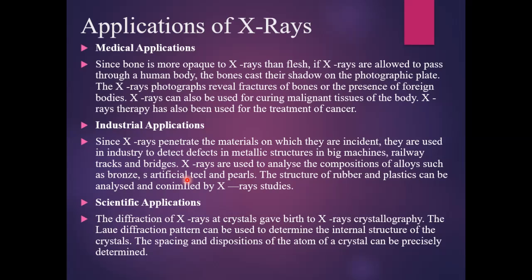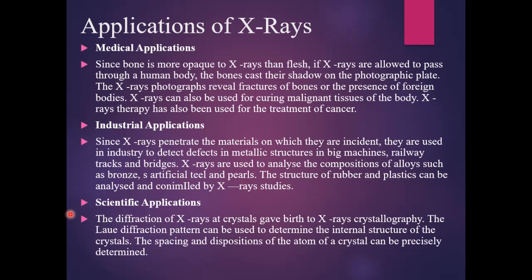Similarly, it can be used for curing malignant tissue as they are high energy X-rays. So when they fall on the malignant tissue, they can kill these cancerous cells or tissues.